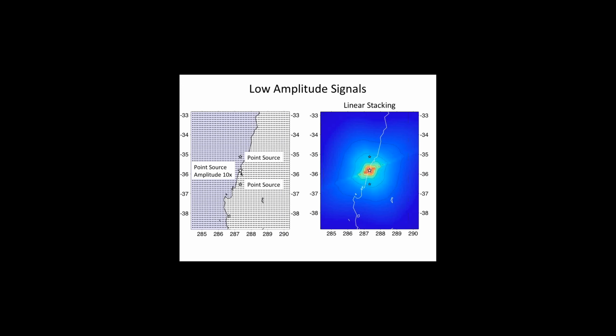This result, and the method I described to you earlier, is referred to as linear stacking, where you just add the seismograms together. However, because of problems like this one, a lot of groups have developed additional or modified processing steps within their back projection analyses to reduce the dependence of the back projection results on amplitude information.